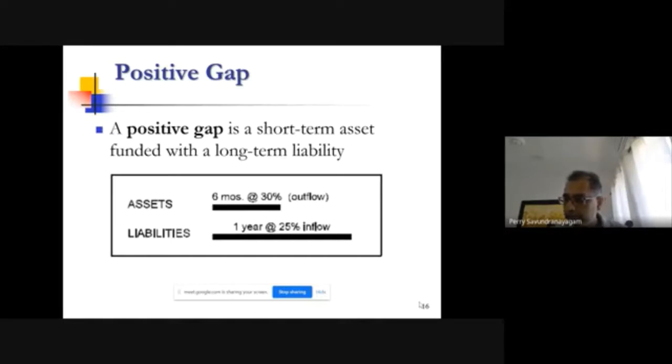You can see it on the screen. You can look at it and tell me, it doesn't matter, but I just want you all to think through it. What is a positive gap?